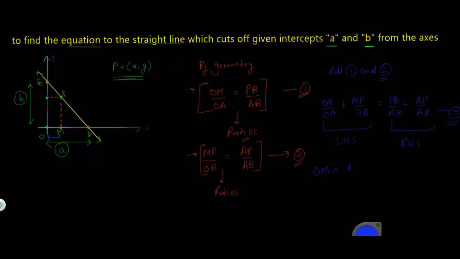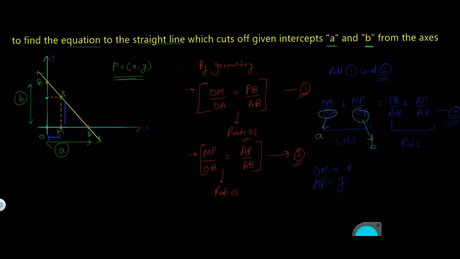And MP is this. MP is also equal to y. Alright, now OA, this thing here, is basically small a, and OB basically is small b.